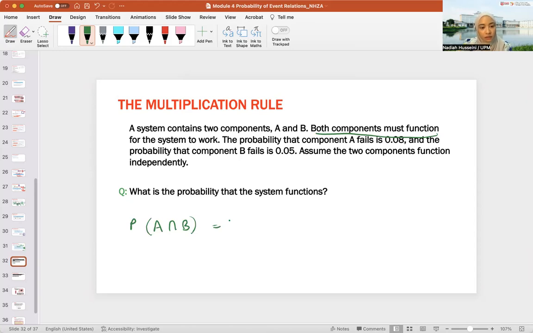They are independent events. What is the equation that we need to use? We just talked about it in the previous slide. If I have two independent events, what equation should I use? Multiplication. Multiplication of?